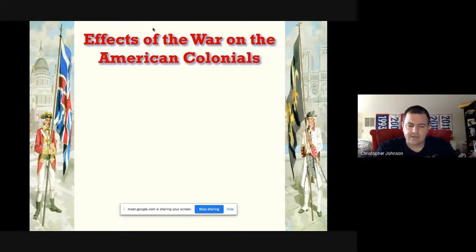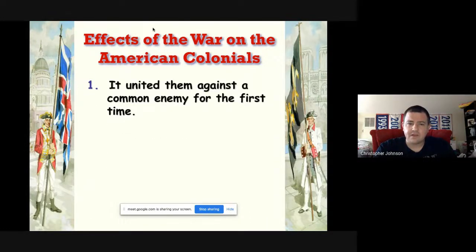For the colonists, this French and Indian War was an ability for them to start fighting. And one of the biggest things that it ever did was it unified them. It unified the colonies against the British, against a common enemy. So once these colonies that had once been separated because of different religions or foundations, whether they were royal or proprietary colonies, they now finally came together.